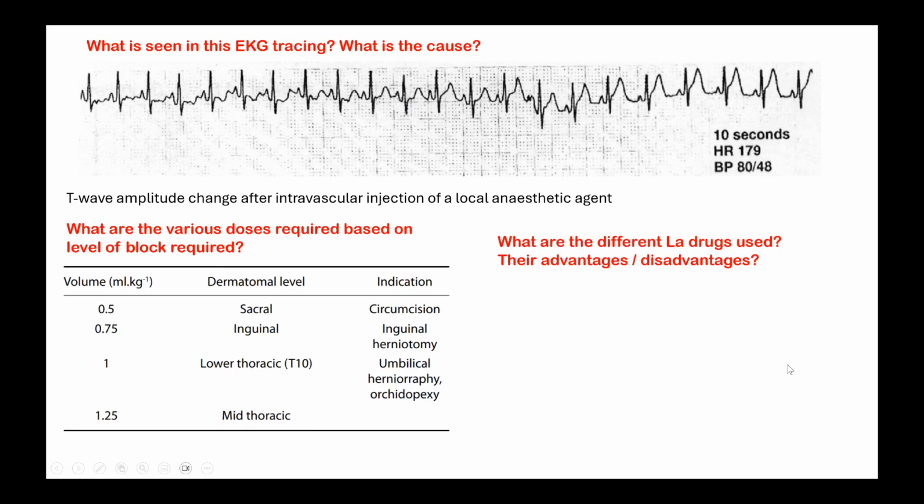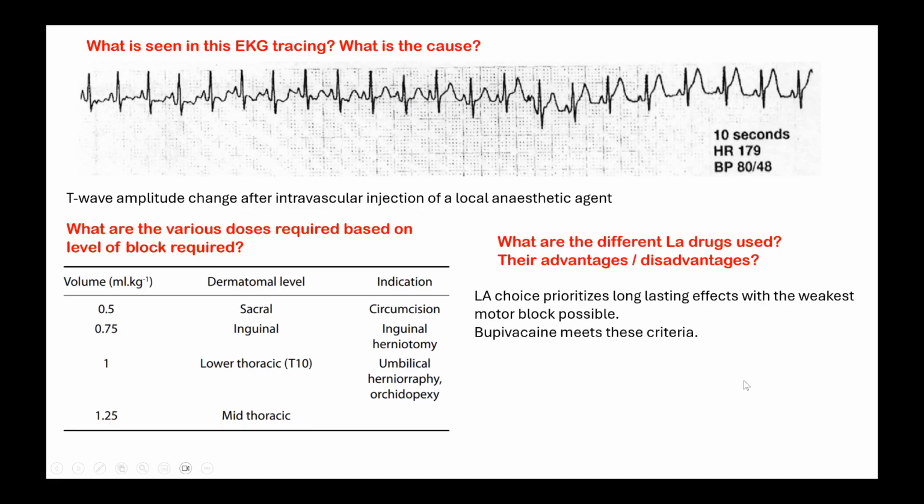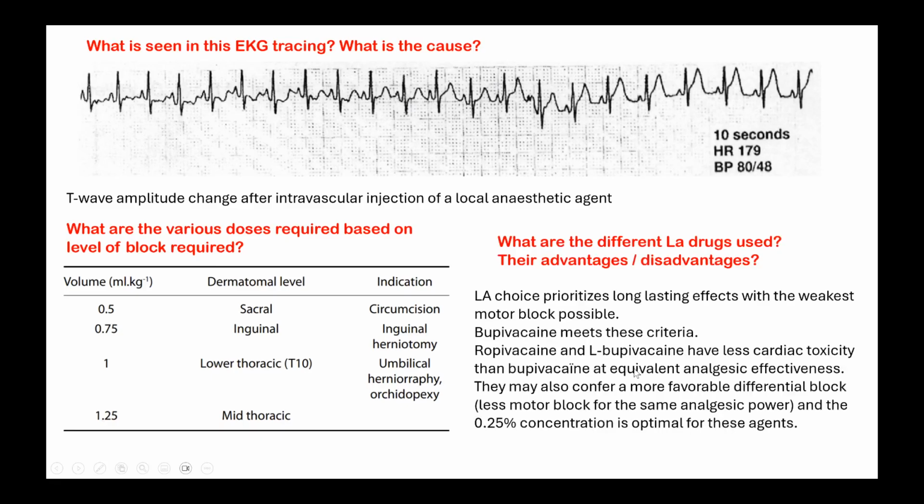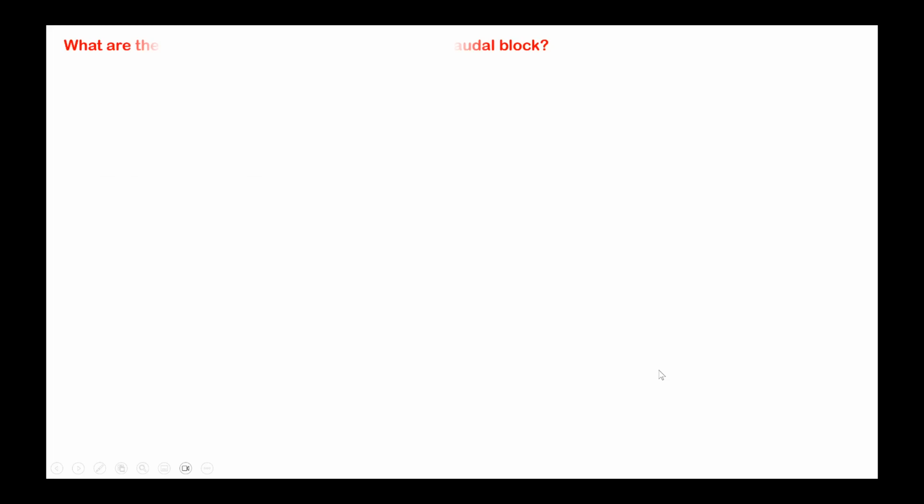And different drugs that are used are bupivacaine, ropivacaine, and levobupivacaine at the concentration of 0.25% or 0.2 or 0.125, depending upon the total volume that you use.